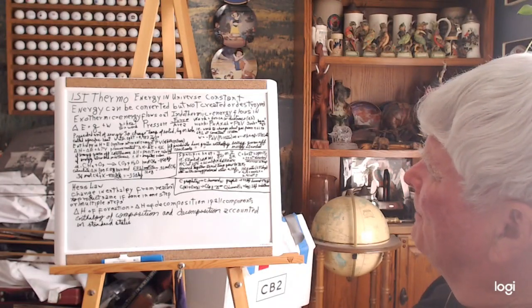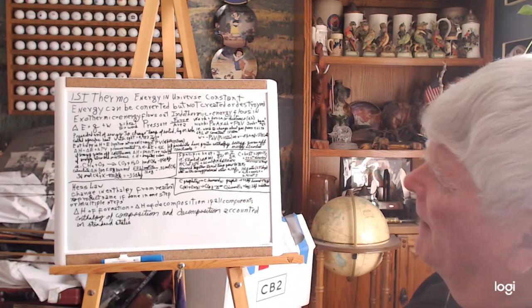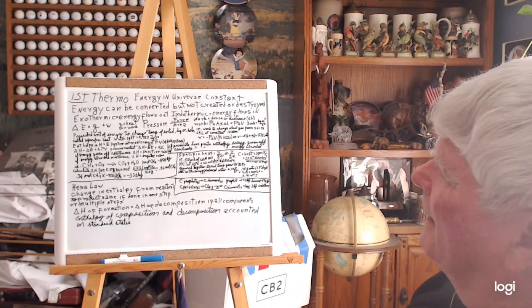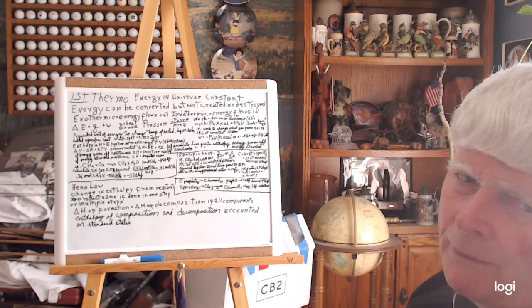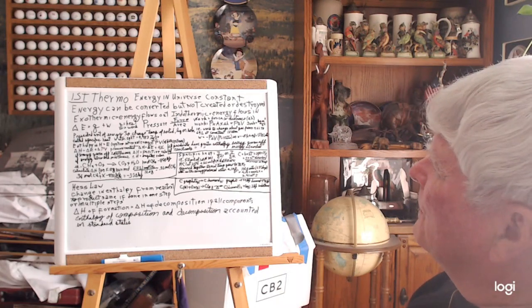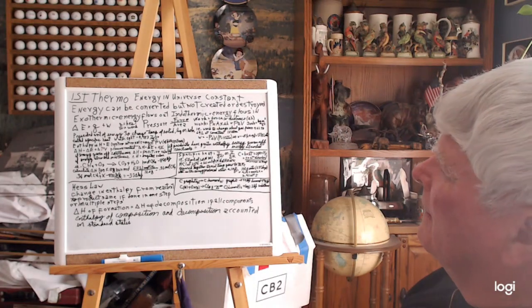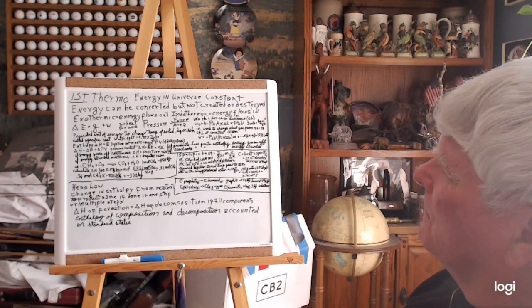Exo, given off; endo, brought in. Okay, example of the type of reaction. If you burn methane with oxygen, you get carbon dioxide and water vapor. That's what heats your house in a lot of cases. Now, for 1 mole of methane, the energy given off when it's burned is 890 kilojoules.